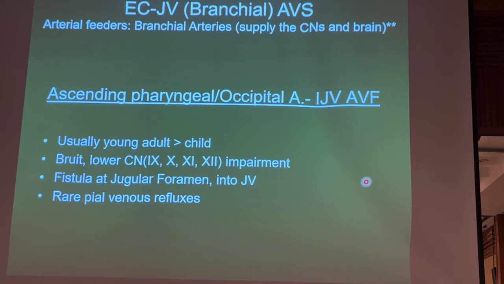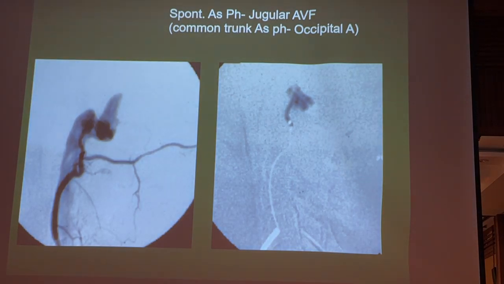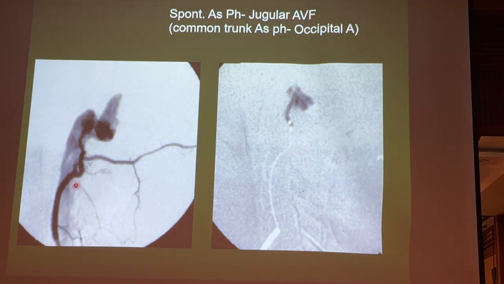So the fistula can be at the jugular foramen. This is the common trunk of pharyngeal occipital injection. You see that it's slightly enlarged, opening up into the large veins, and by that time we were practicing well our glue injection. We were using embolic material in this situation and having a very nice result.